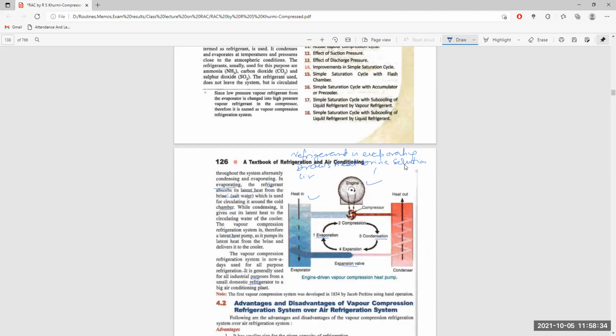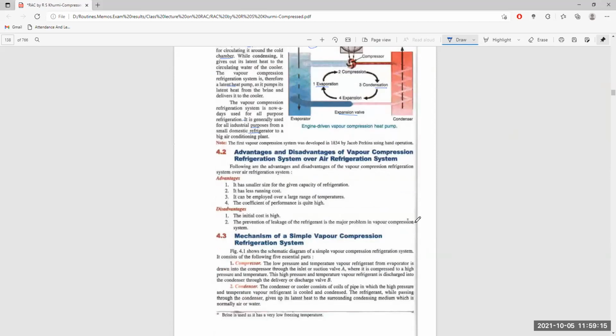Now, what are the advantages and disadvantages of this refrigerating system itself?